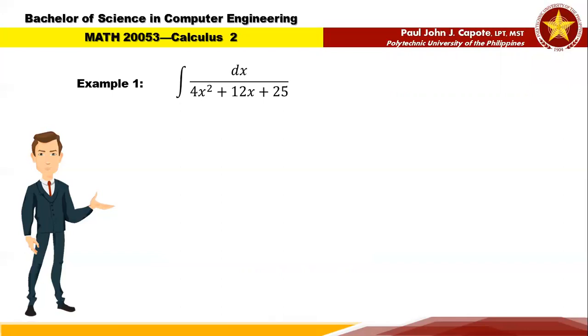If you notice, our denominator is expressed as a quadratic expression, 4x squared plus 12x plus 25. By the way, the ability to see factorable quadratic functions is a must in this topic.